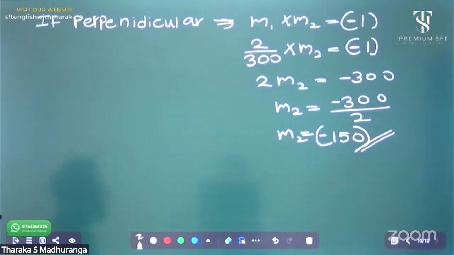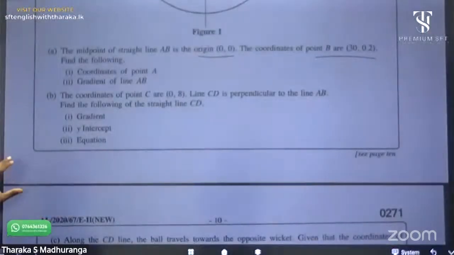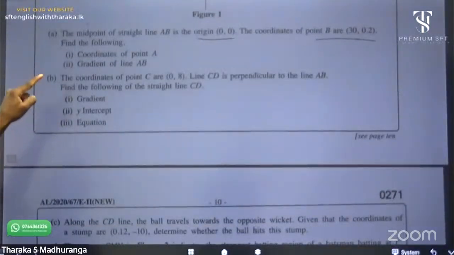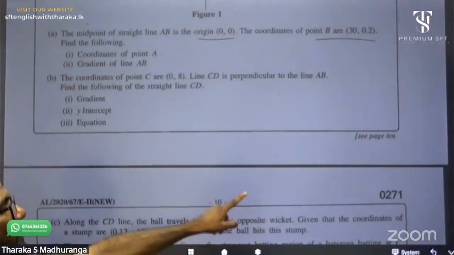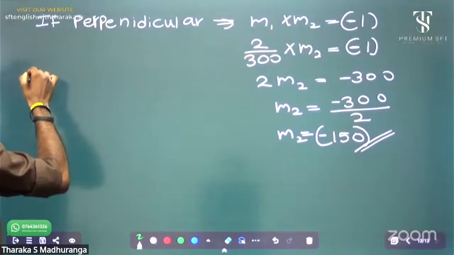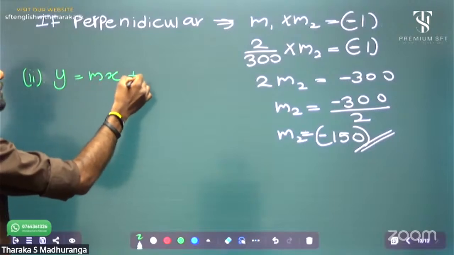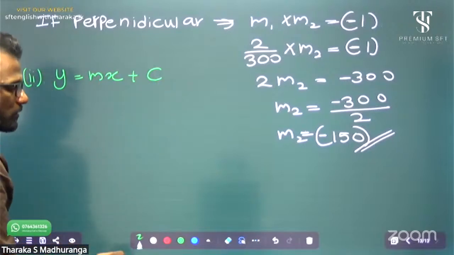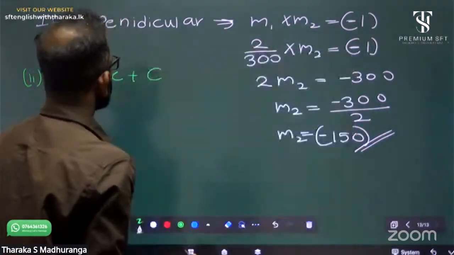Now you can see the same thing that we discussed in the lesson being asked again in the exam, right? Same as the theory question. Now the question asks, what is the y-intercept of the CD line? You calculated the gradient. For the y-intercept, substitute into the common equation y equals mx plus c. The coordinates of C are given, (0, 8).